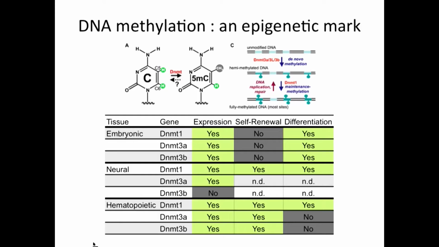Different methyltransferases are expressed, we know, in embryonic cell lines, in neural cells and hematopoietic cells, and experiments in these systems have shown that in some cases they're required for proper differentiation, and if they're mutated, then there are anomalies associated with their dysfunction.